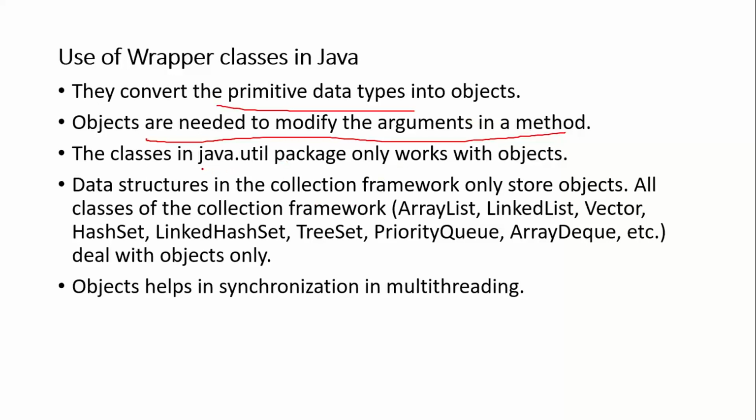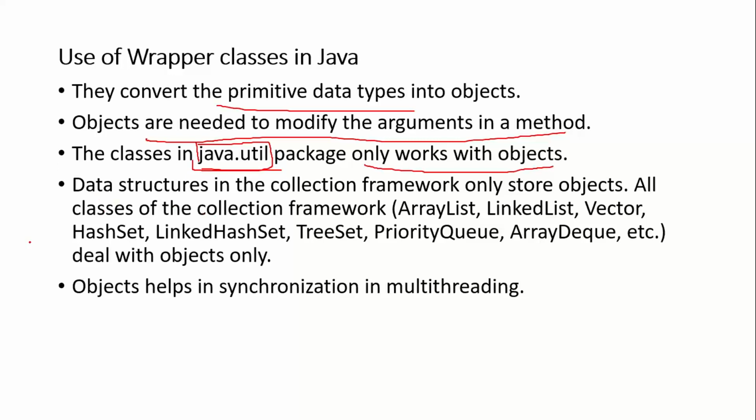In Java, the java.util package only works with objects. It won't work with primitive data types. So you have to convert primitive data types into objects in order to pass values to the classes of this java.util package.